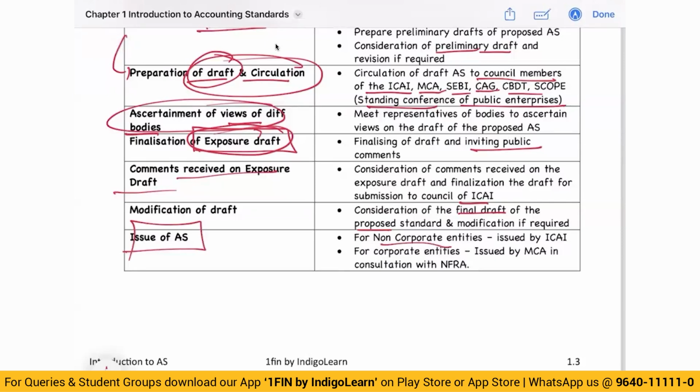For non-corporate entities, ICAI will take care, and for corporate entities, MCA in consultation with NFRA. This is very important from an MCQ point of view. For non-corporate entities, ICAI will issue. For corporate entities, MCA will issue in consultation with NFRA.